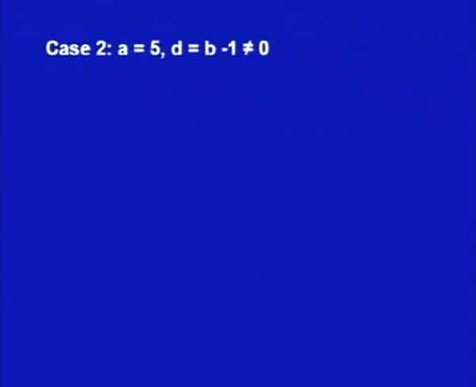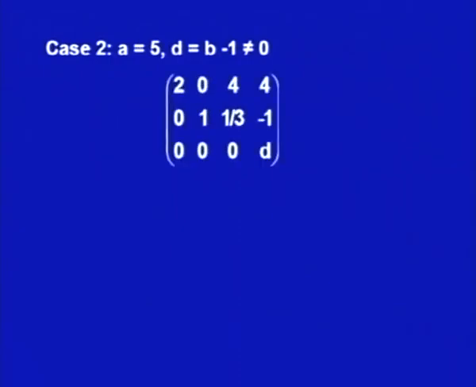Now in the second case we say that a is equal to 5 and D, that is b minus 1, is not 0. So, in that case the augmented matrix will become as this, and you may notice that the last line has zeros here and D here.